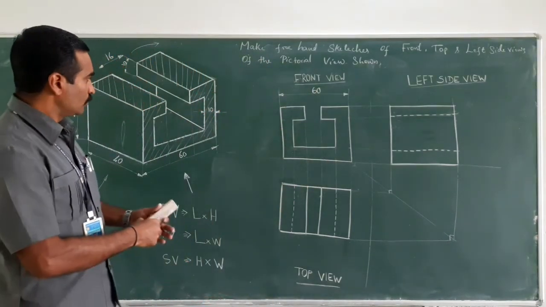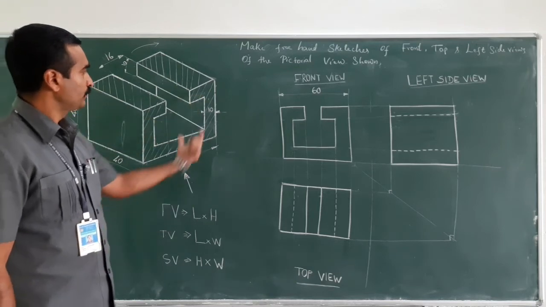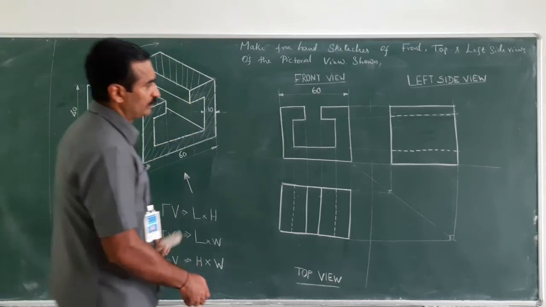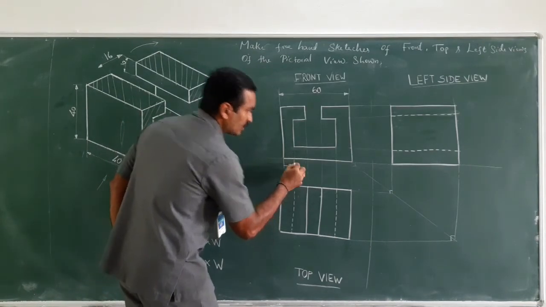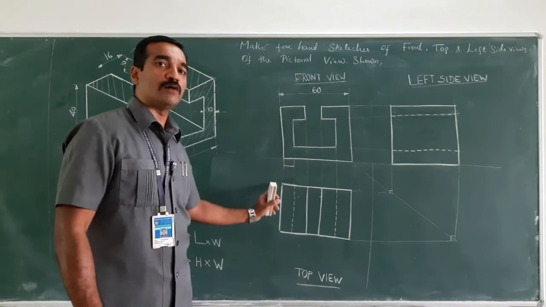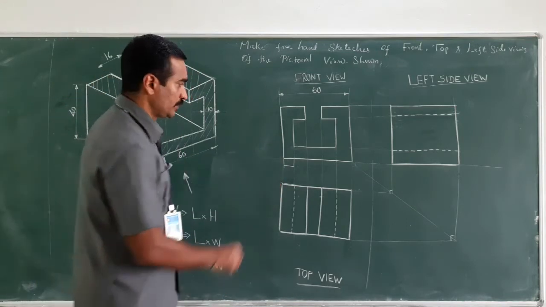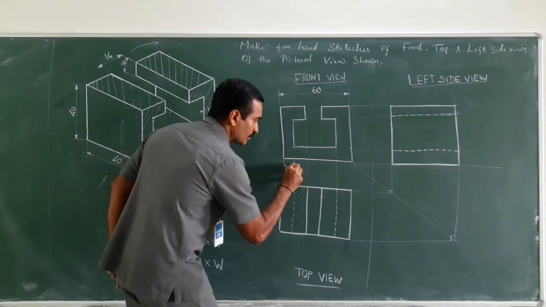Right. Now what are the other things you could see from the front view? This thickness can be seen, so I am going to draw it here. See, for this purpose only, I have told you to leave a minimum of 20 mm between two views in order to capture the dimensioning. So this is 10 mm.